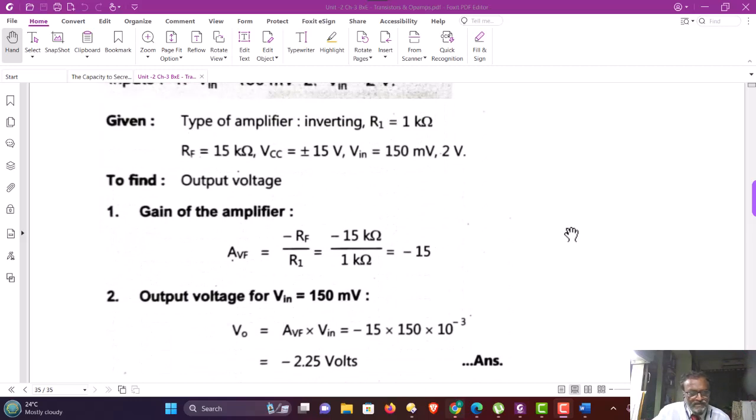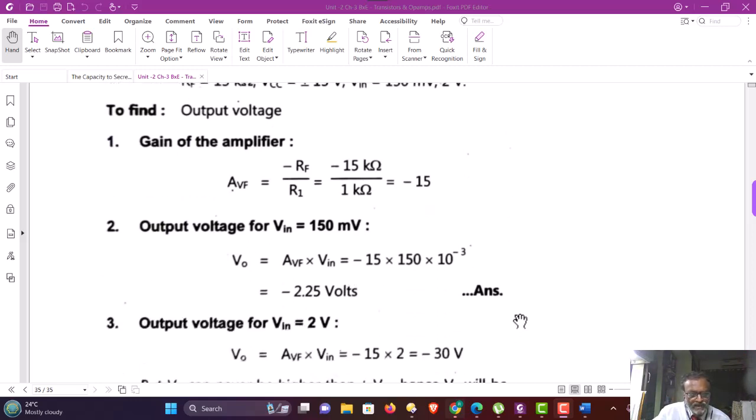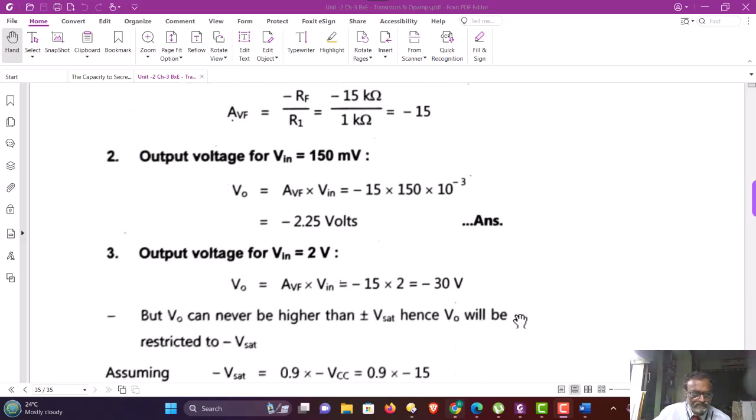Here the configuration given is inverting, and we know the voltage gain AVF is minus RF by R1, so that comes out to be minus 15. Now output voltage is gain times the input voltage, that is AVF into Vin. Substituting the values, we get the output voltage of minus 2.25 volt for the input of 150 millivolt.